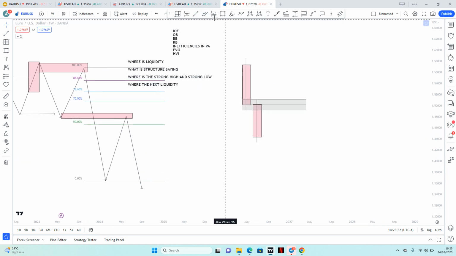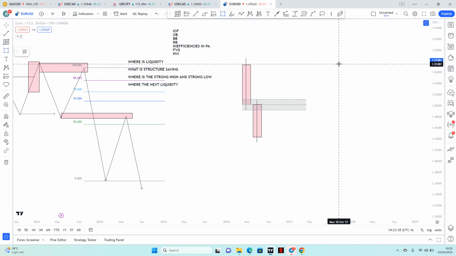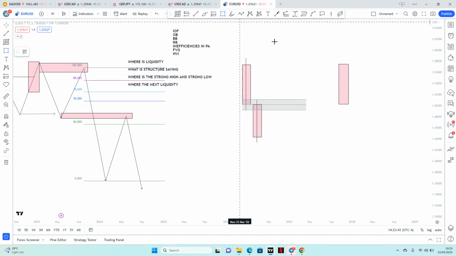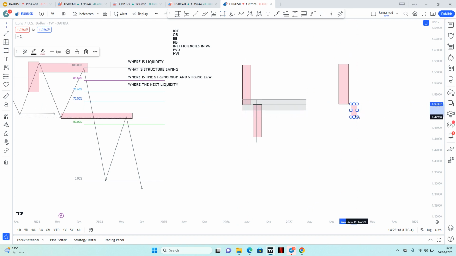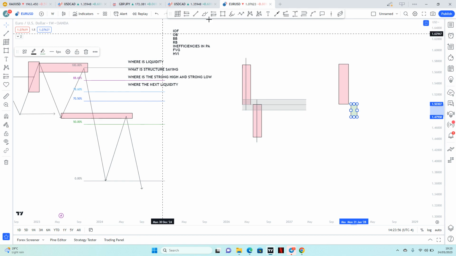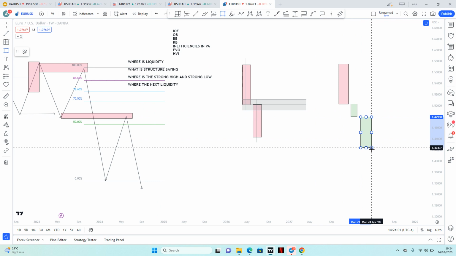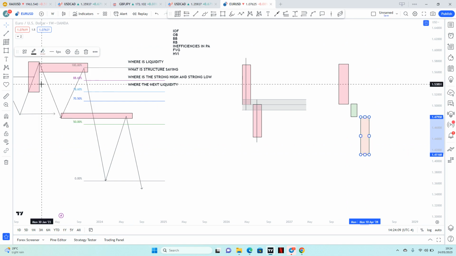The next case, the same thing: a long bearish candle. But then after it, you now have a very small bullish candle. So I'll change to green. And then you also have the next long bearish candle. I'll change it back to red.